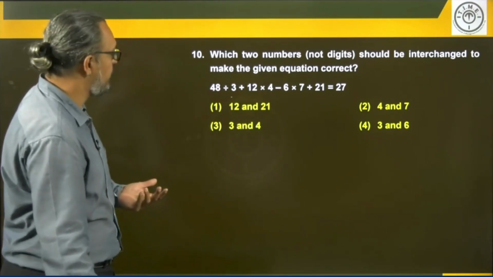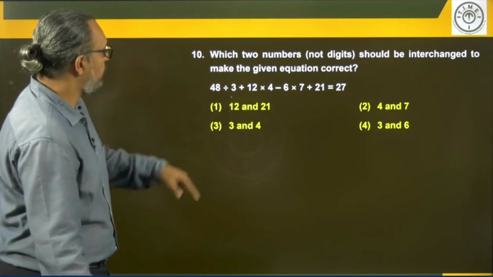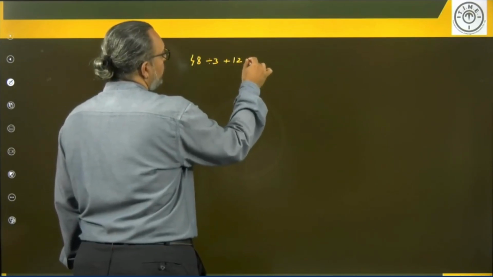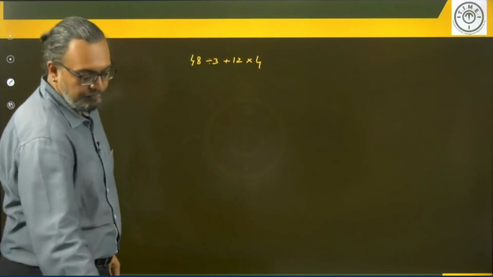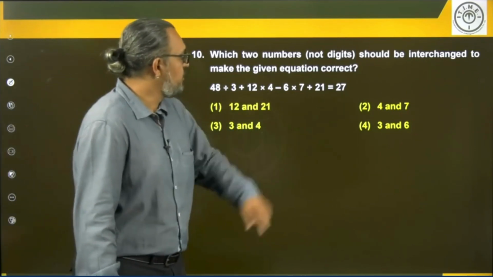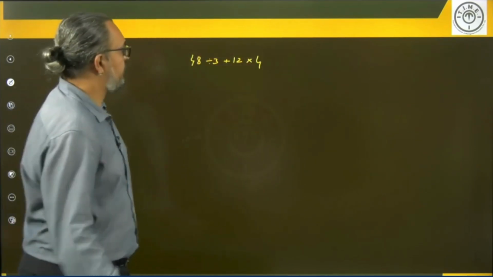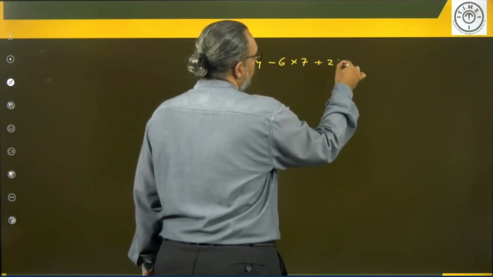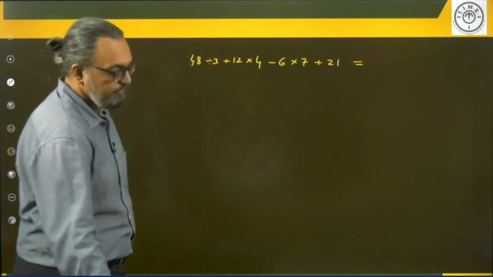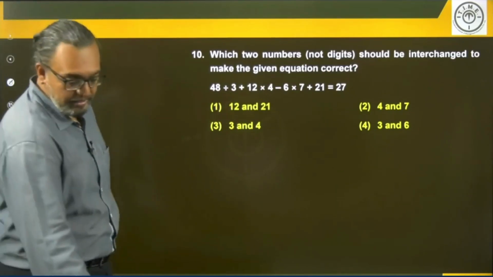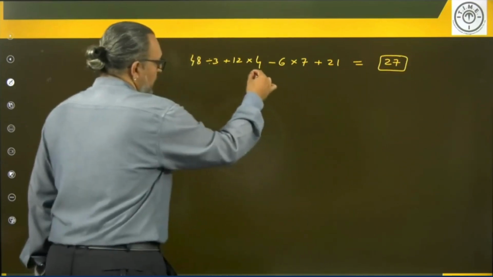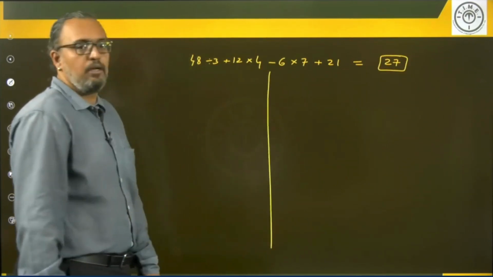So, we have 48 divided by 3 plus 12 into 4, minus 6 into 7 plus 21. You should get 27.